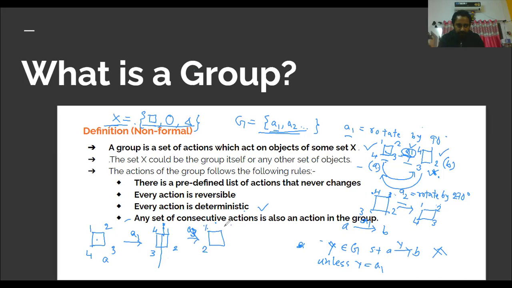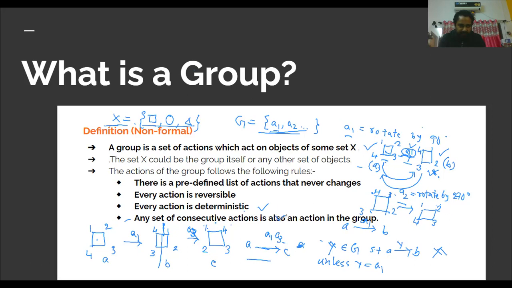So this takes us to this. So this is B, this is C. So this composition of actions, A1 followed by A3, this takes A to C.